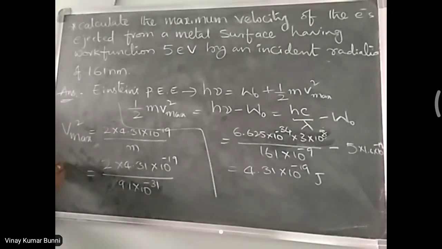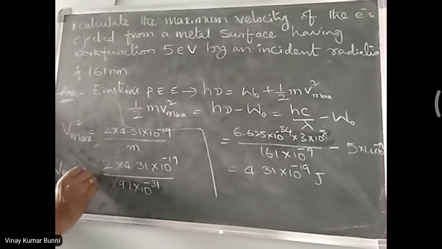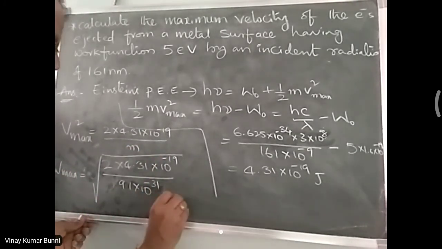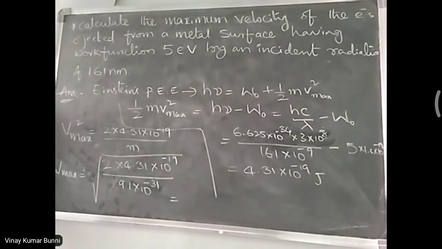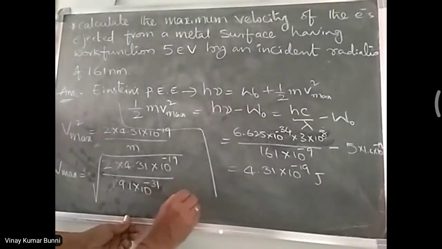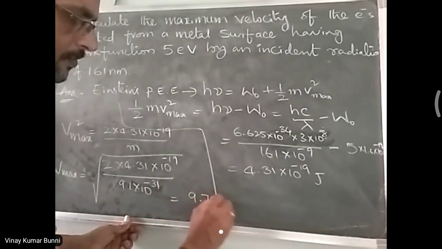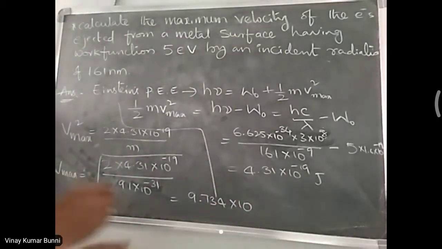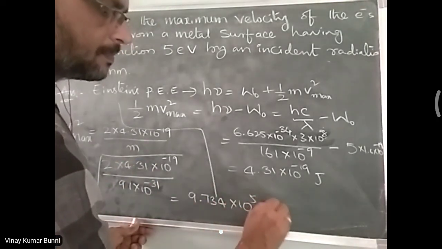So Vmax equal to under root this value. So the final answer of this maximum velocity is 9.734 into 10 power 5 meter per second.